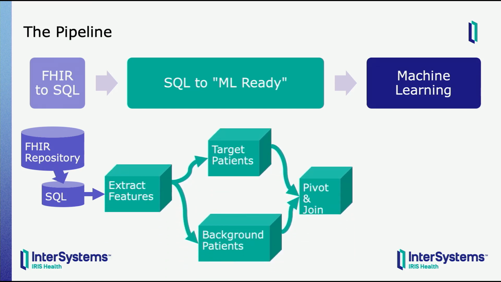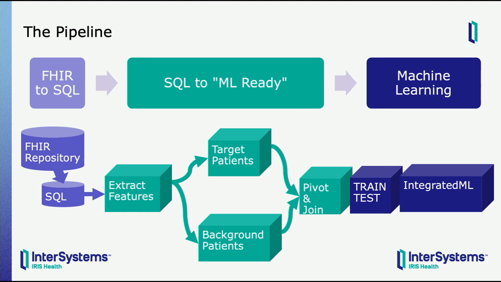Then you have to do this kind of transformation to get it into ML-ready format. So you extract all of those lab result values, you normalize them across different units, and then you split up your patients into target and background patients. And then you put that data all back together, pivot and join it.